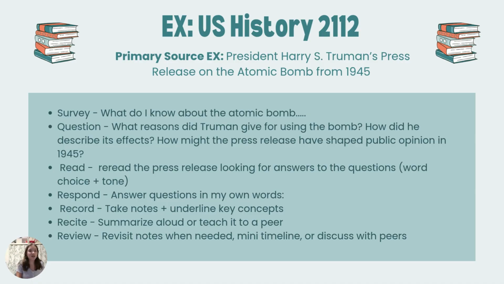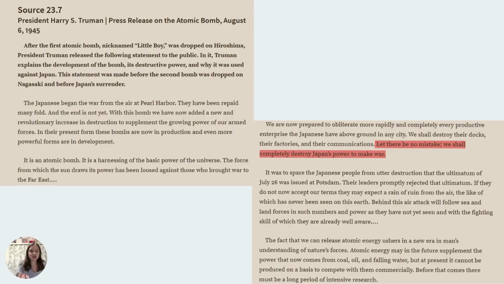Next, I would reread the press release looking for answers to the questions that I just mentioned, making sure I am paying attention to the tone and word choice. I highlighted something here: "Let there be no mistake, we shall completely destroy Japan's power to make war."